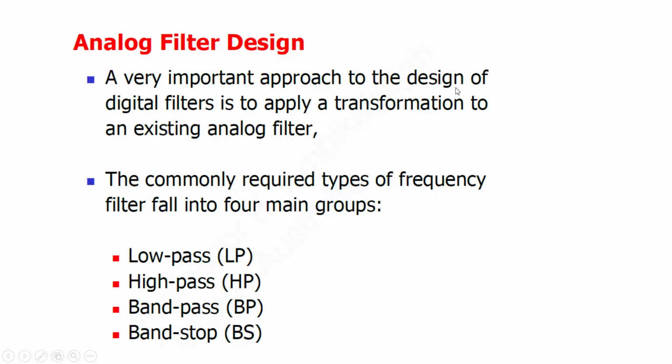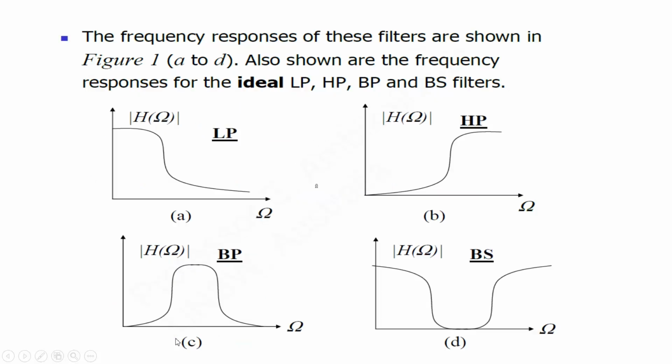A very important approach to the design of digital filters is to apply a transformation to an existing analog filter. The commonly required types of frequency filter fall into four groups: low pass filter, high pass filter, band pass filter, and band stop filter.